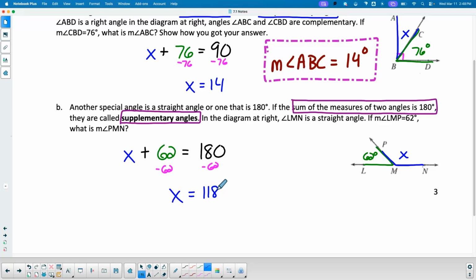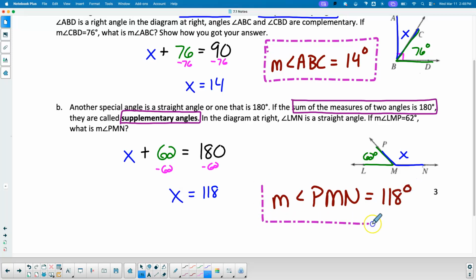So the measure of angle PMN is 118 degrees. With me so far? Okay.